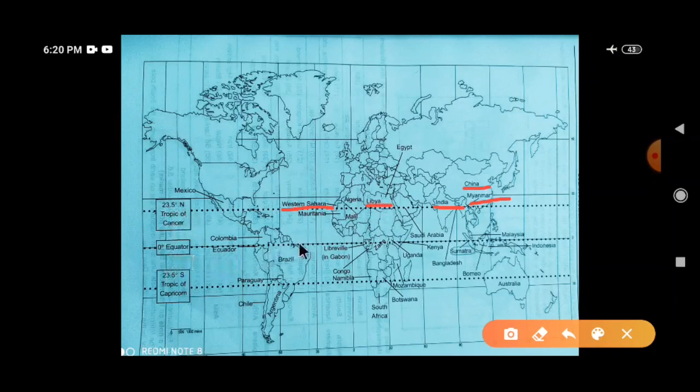We can see Mali, Saudi Arabia and Malaysia. And 23.5 south is the Tropic of Capricorn. In this we can see Chile, Botswana and Australia. We can see all these countries through which they pass.